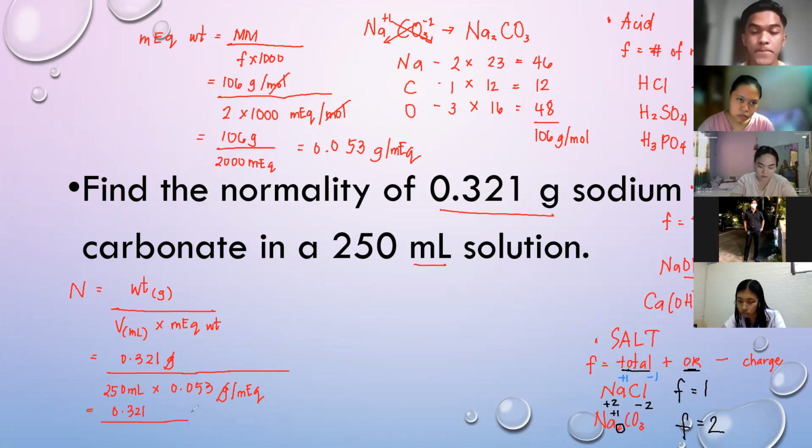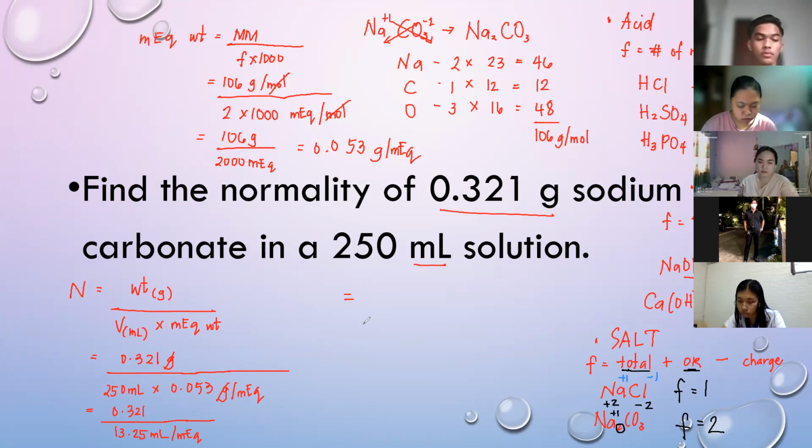And then, let's multiply 250 times 0.053. This is 13.25. And take note of the unit ml. And then, per MEQ ito. Nasa baba si MEQ. And then, let's divide.